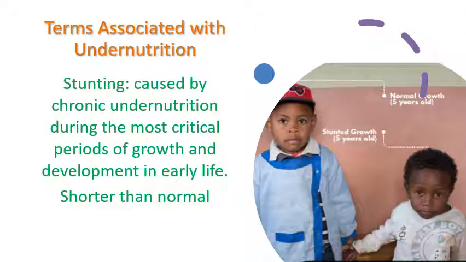Stunting is caused by chronic undernutrition during the most critical periods of growth and development in early life. This results in a person being much shorter than normal for their age and their height.